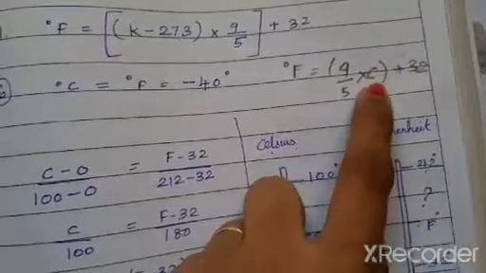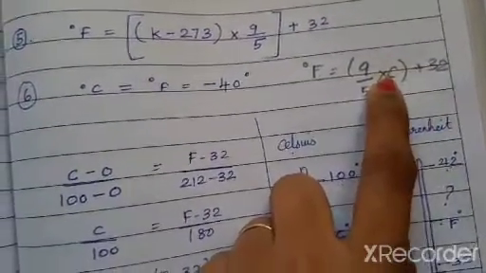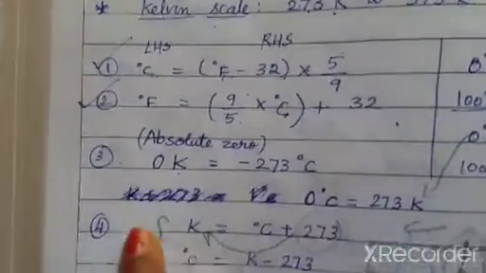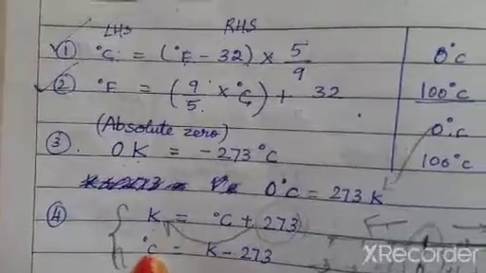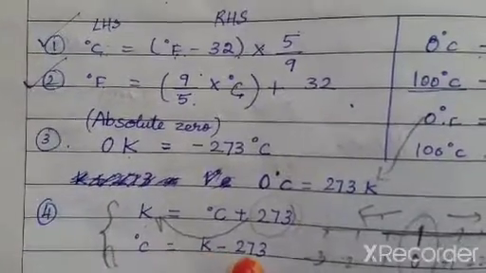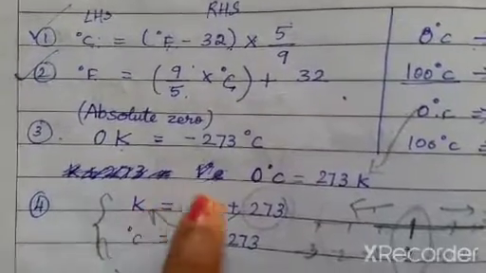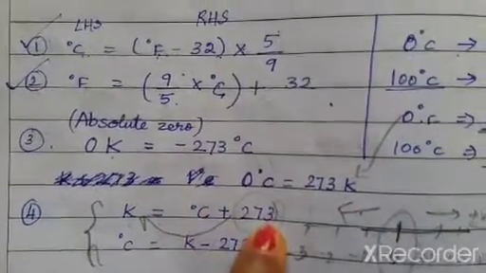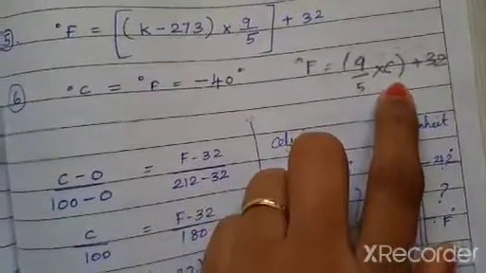Now, instead of this degree Celsius, I will substitute the value in Kelvin. What I have learnt here already, if a temperature is in Kelvin, how to convert to degree Celsius? K minus 273. For Kelvin, what is the formula? C plus 273. That thing I will substitute here.